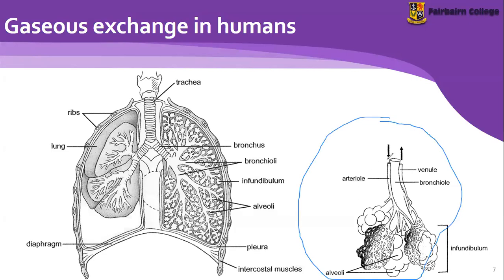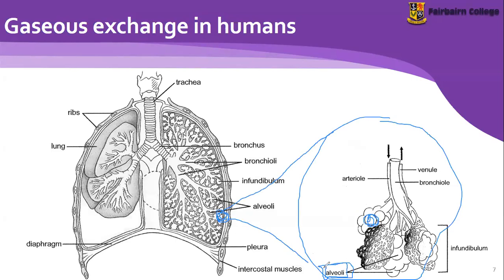So make sure that you know these labels as well. This is just a zoomed in version of one of these structures over here. And then each infundibulum has a number of these round structures called the alveoli. The alveoli are the most important part, because that's where the gaseous exchange is going to happen.